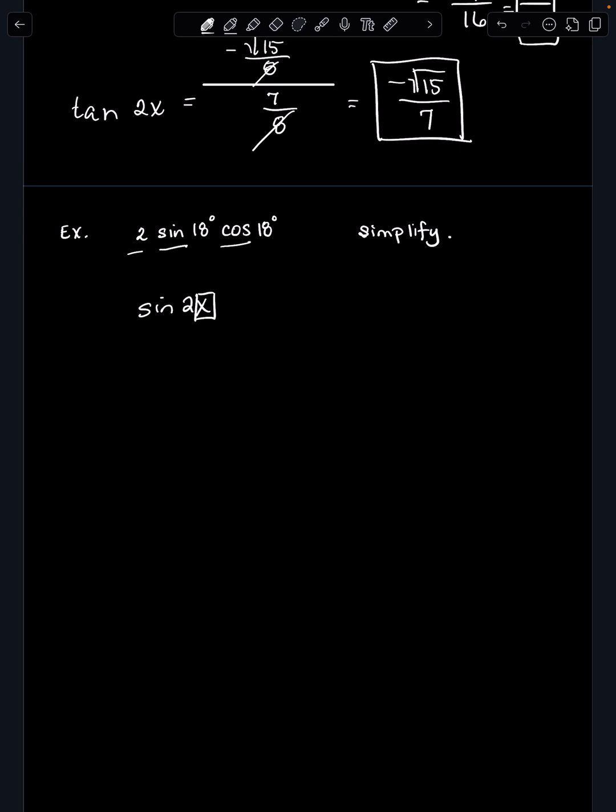Let me write it out. 2 times the sine of x times the cosine of x, which means x in this case, or my angle in this case, is 18. So this would be the sine of 2 times 18 degrees, or the sine of 36 degrees. So we can go backwards and simplify this to the sine of 36 degrees, recognizing that this is the double angle for sine.